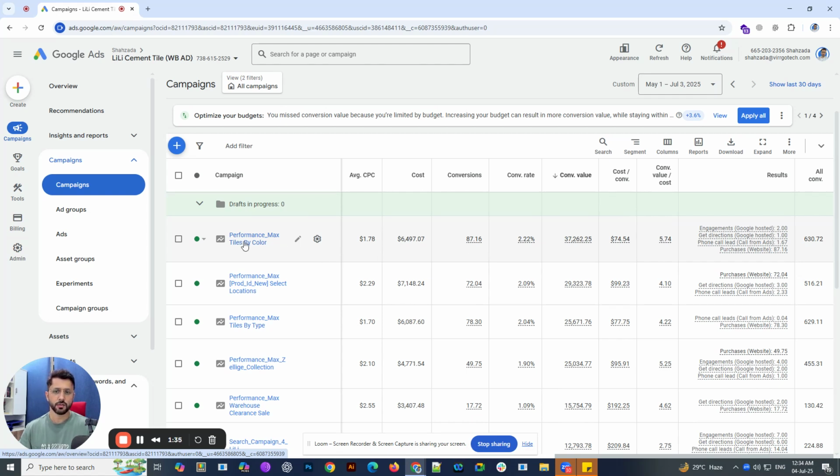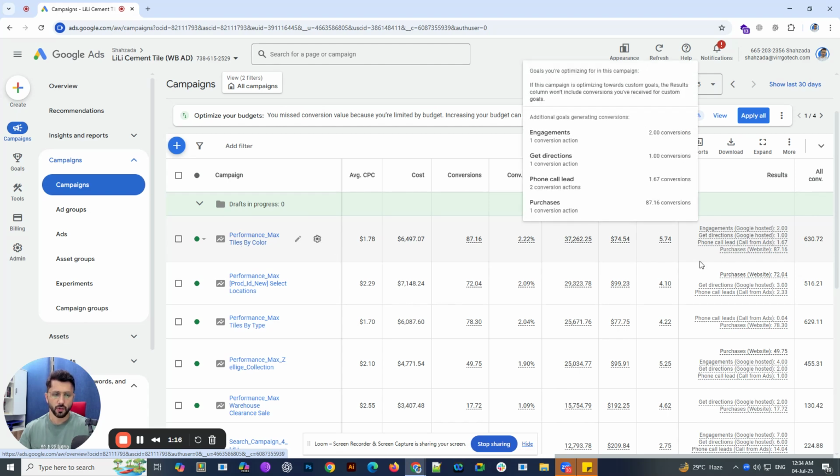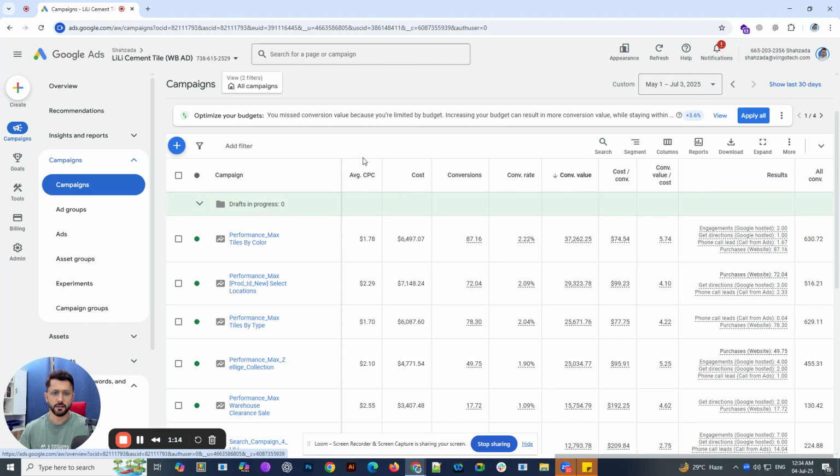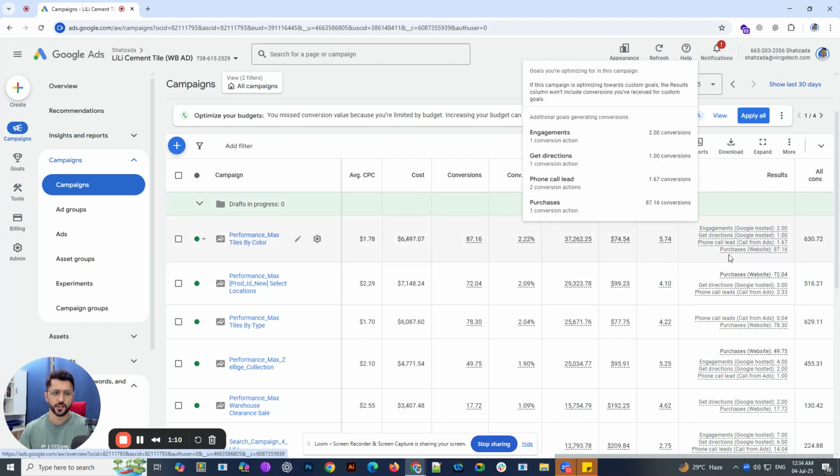And if it's going to be highly relevant to your business, if it's going to be the only meaningful goal that you care about on your website, what Google does is it's going to optimize a lot of factors around this goal. So it will drive traffic that has the highest chance of converting into customers, so this purchase event can happen on your website.